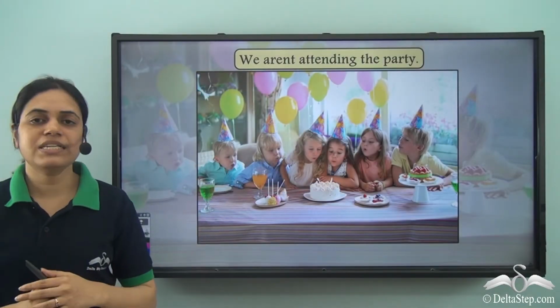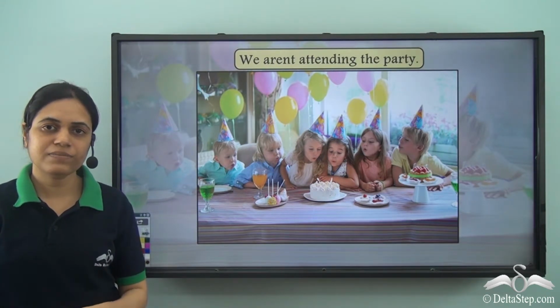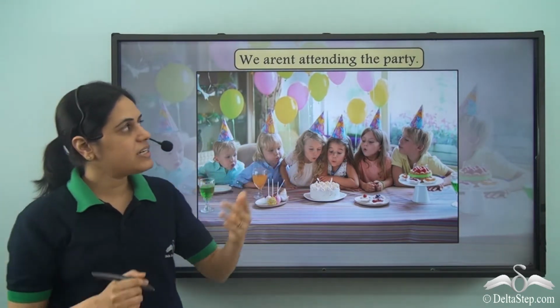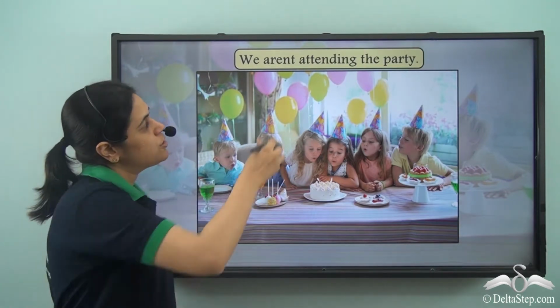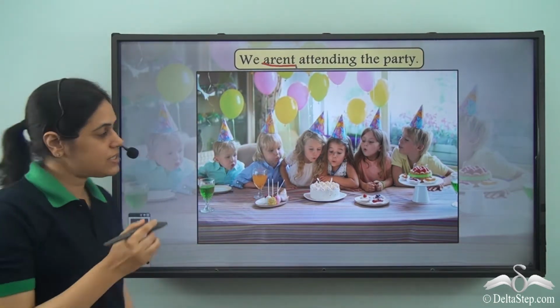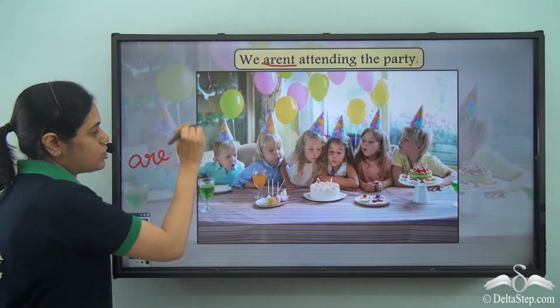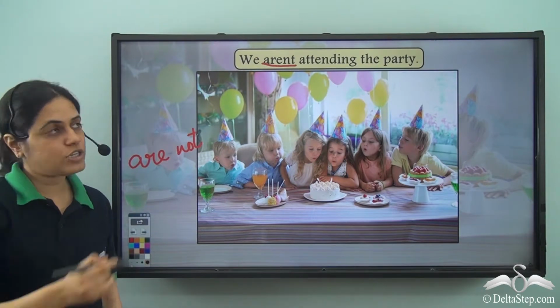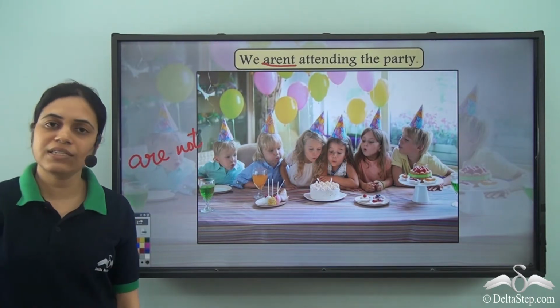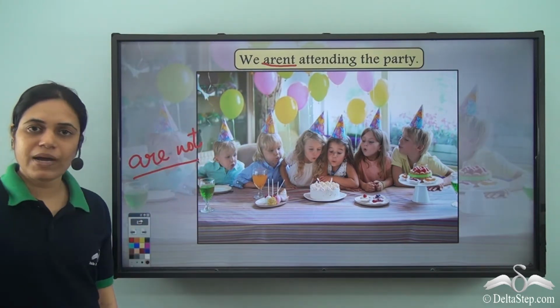We aren't attending the party. Can you put the apostrophe at the correct place? We aren't attending the party. So aren't is a short form. It is the short form for are not. So we are not attending the party can be written in short as we aren't attending the party.